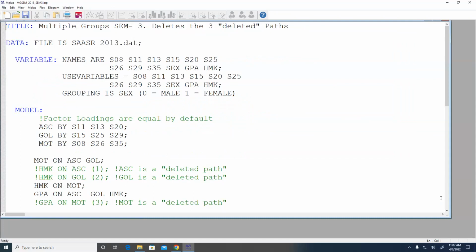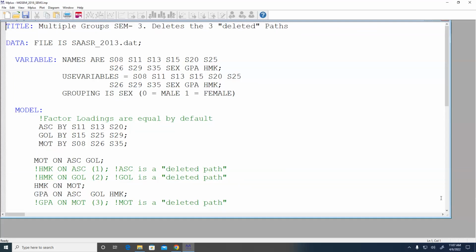Let's see, on page 12 for male. We're looking at GPA on motivation, which is not statistically significant, right? See that? 0.165. And it's not going to be statistically significant in either group because we constrained it to be equal, right?